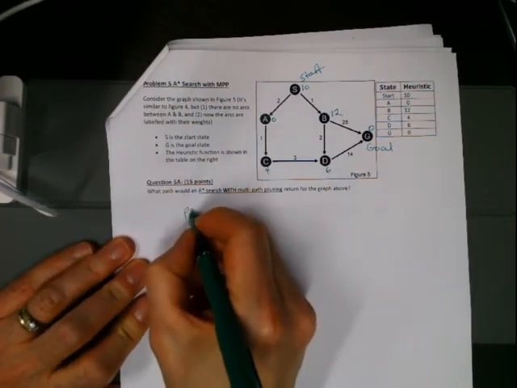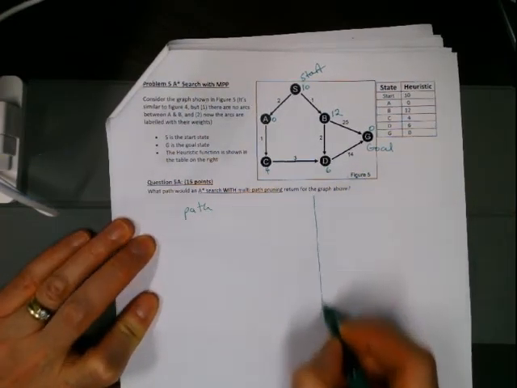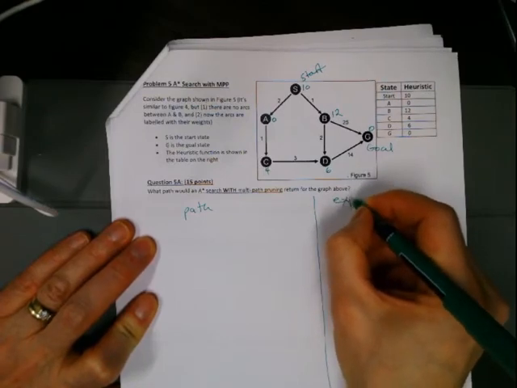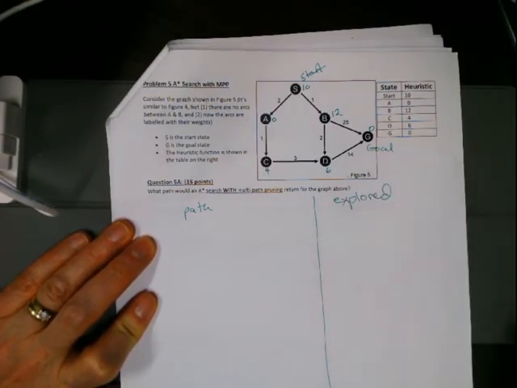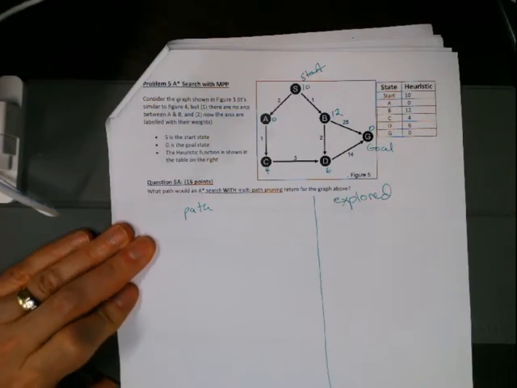And I did say, before you took the exam, please show me your work. So, let's see. Of course, A star search is going to use a priority queue, right?